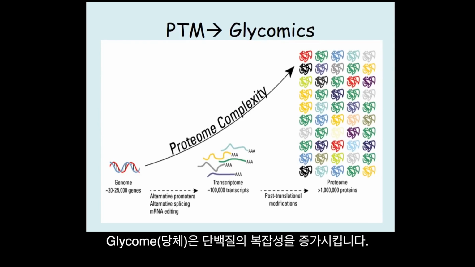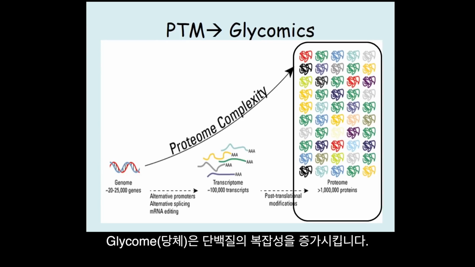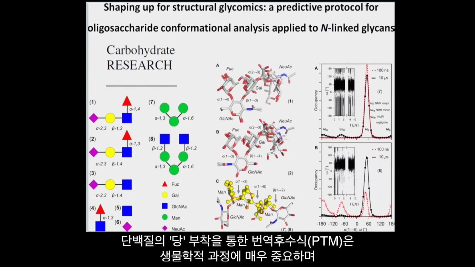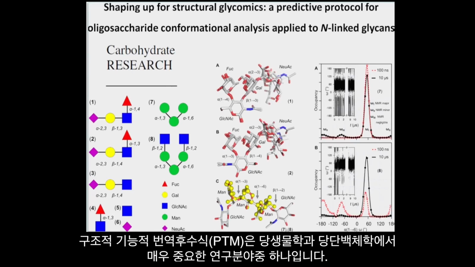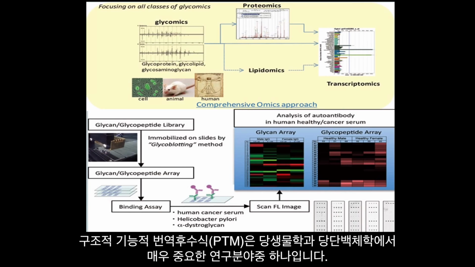The glycome exceeds the complexity of the proteome as a result of the even greater diversity of the glycomes constitute carbohydrates, and it's widely accepted that protein glycosylation is involved in numerous essential cellular processes. Thus, the structural and functional characterization of these post-translational modifications are important in the rapid growing research area of glycomics and glycoproteomics.